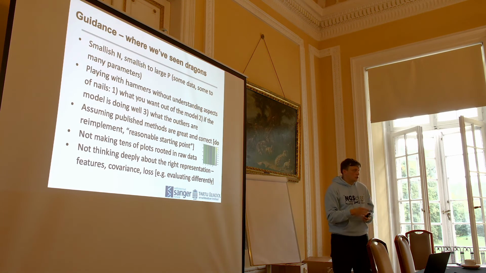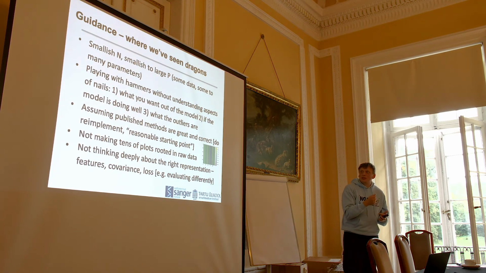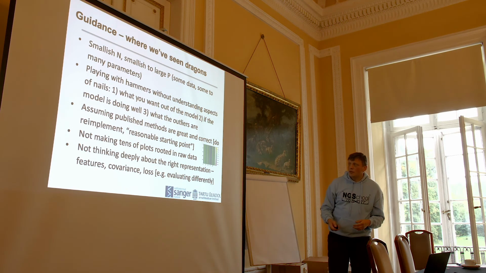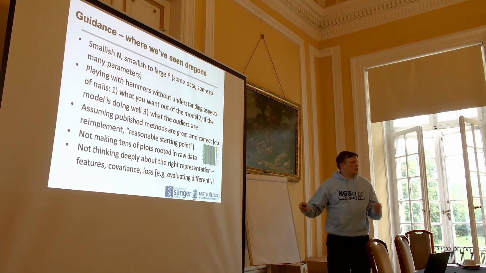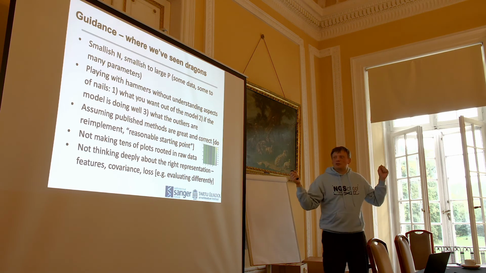So what you actually want out of the model, it's important to appreciate that. You have to be able to examine whether the model is doing well, so lots of plots rooted in real data. And at some point you just have to start worrying about the outliers, because they give a lot of signal in that application. If you're reading papers, it's easy to get excited that AlphaFold can solve everything.